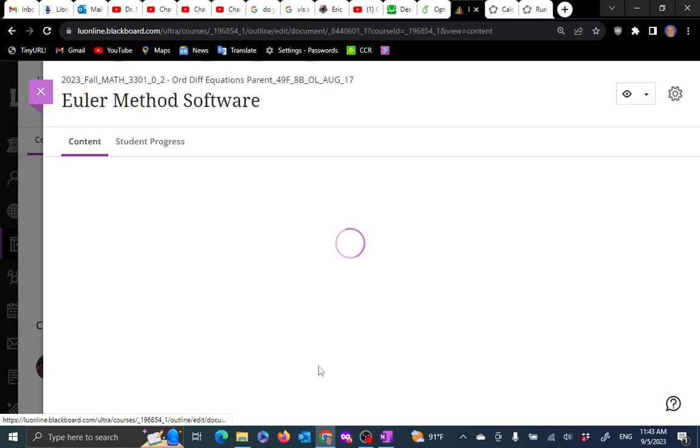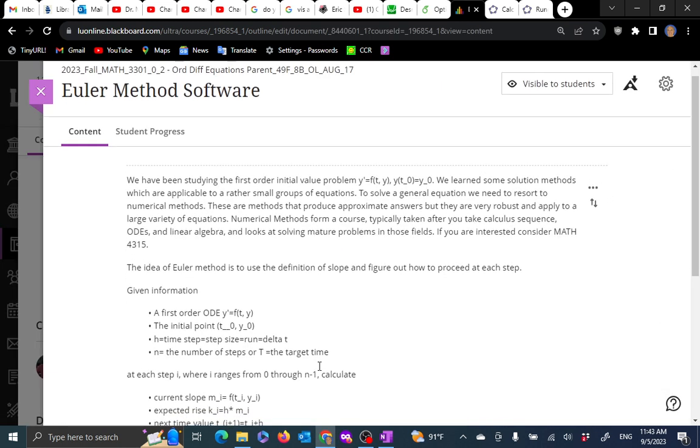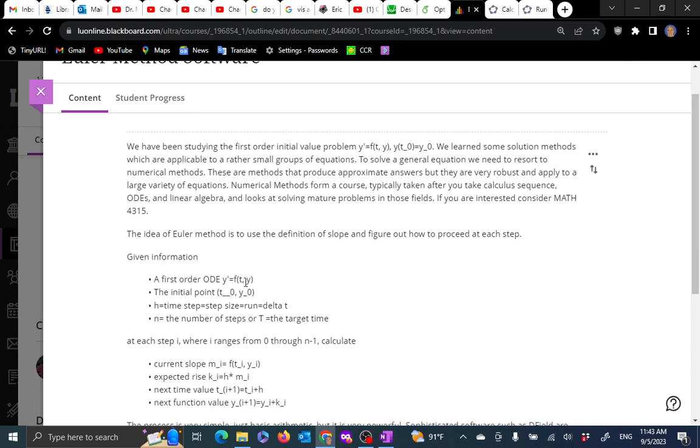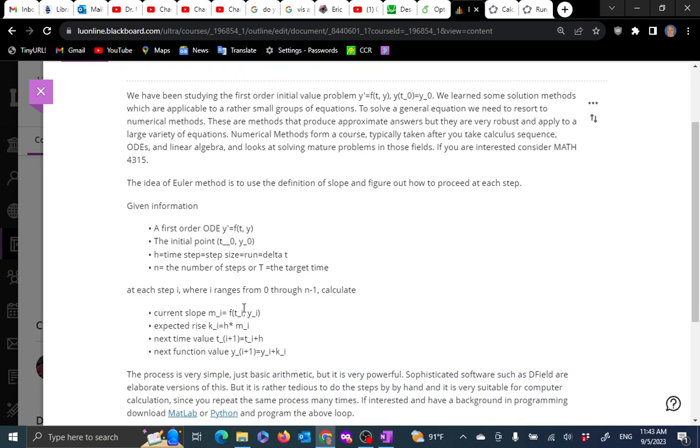So here's a description of your differential equation. Remember, you can have an x and a y or a t and a y, any two letters would do. Here's a description of the Euler method itself. You calculate the slope, you calculate the rise, you calculate the next time, you calculate the next function value, and so on.